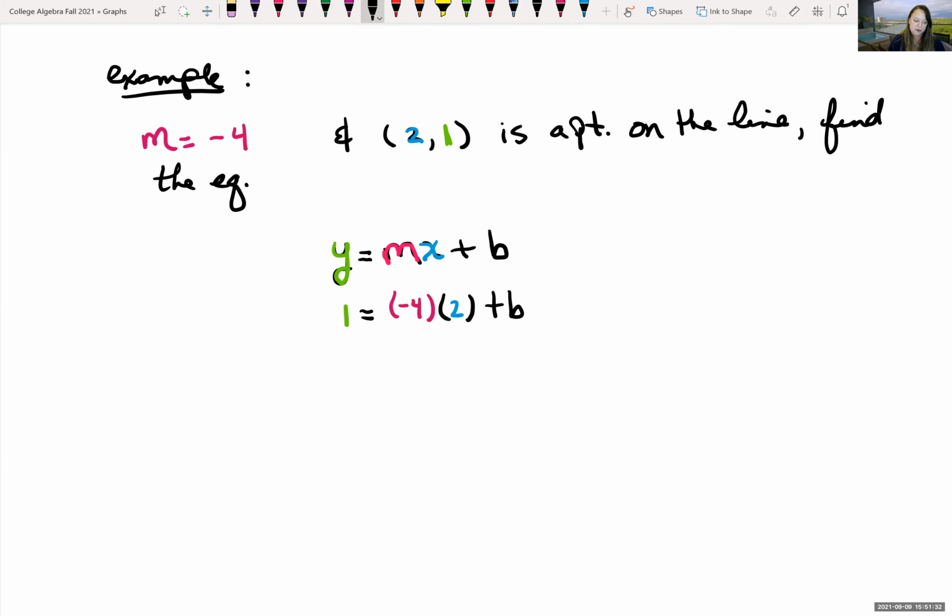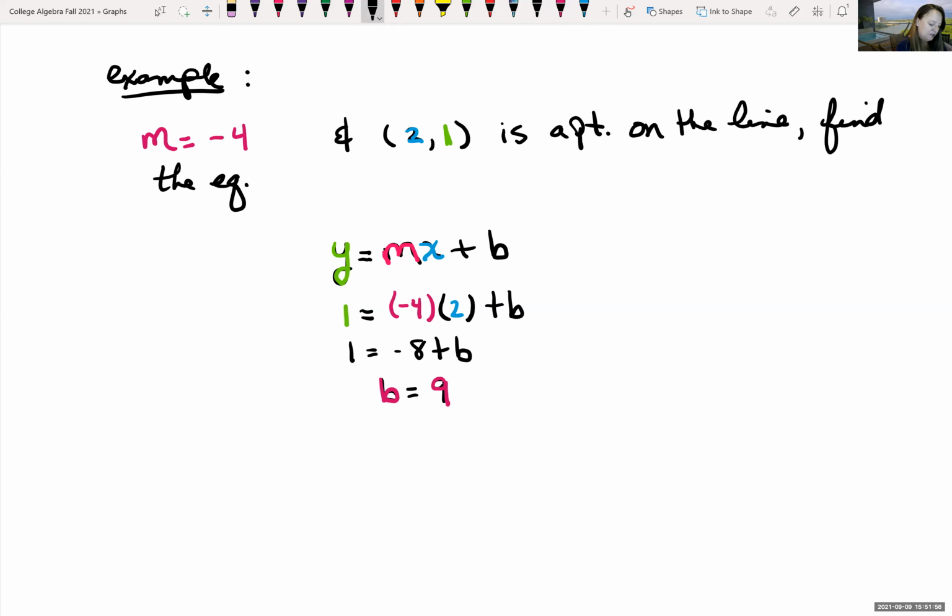So with the point and the slope, we have enough information to figure out what b is. So we have 1 equals -8 plus b. Add 8 to both sides, we get b is 9. So we're not done. We need to figure out what the equation of the line is.